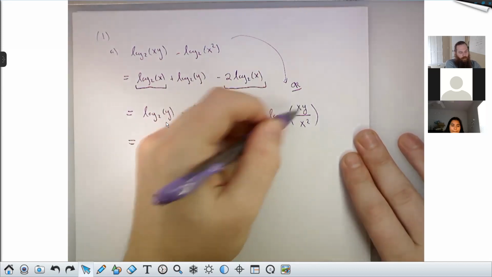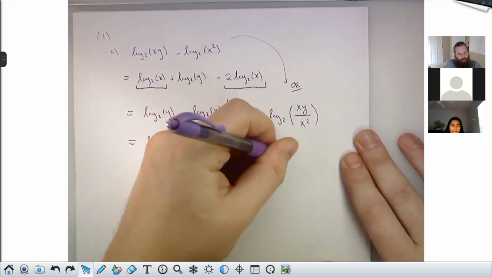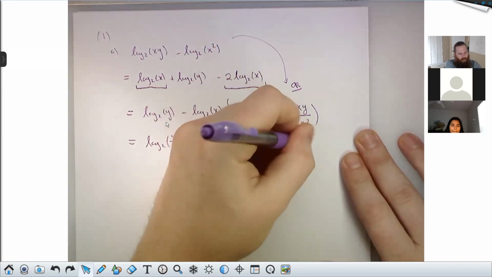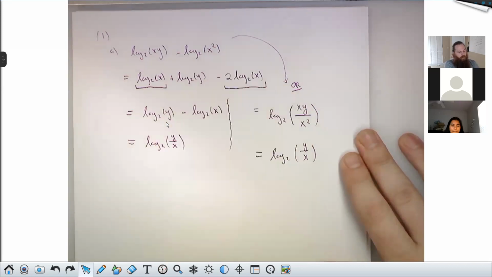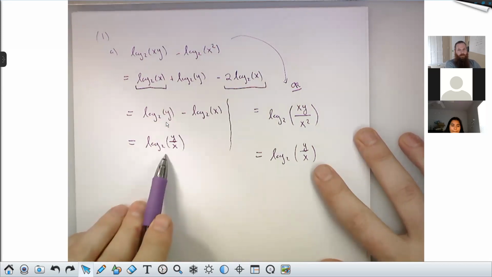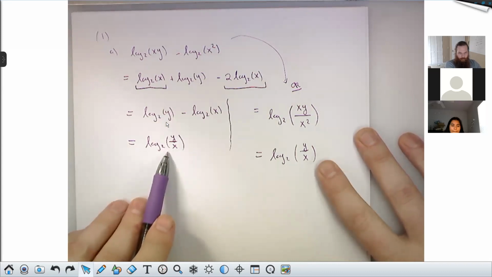This is x times y over x times x. So that's the same as the base 2 log of y over x, canceling this x into that square. And you see we get the same answer. It's a matter of taste which technique you find easier to do. As long as you arrive at this same place, it's all good.